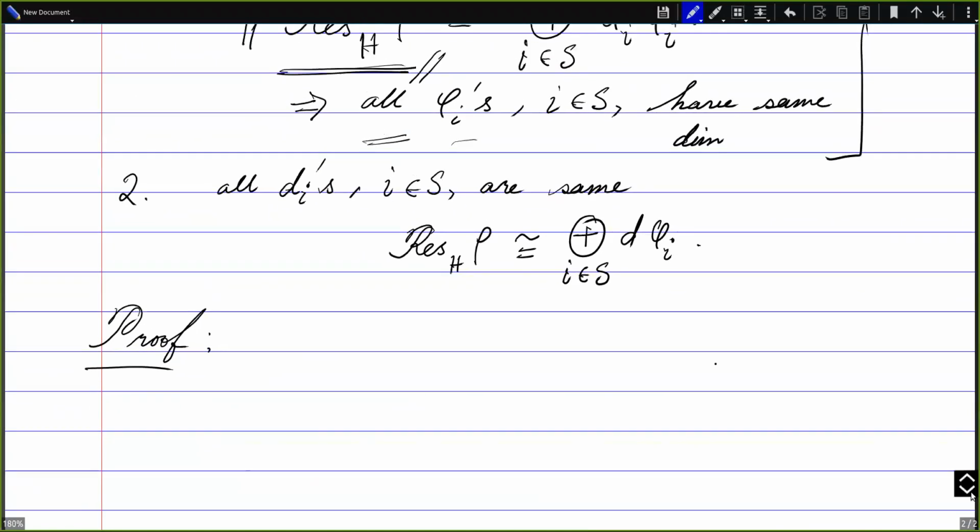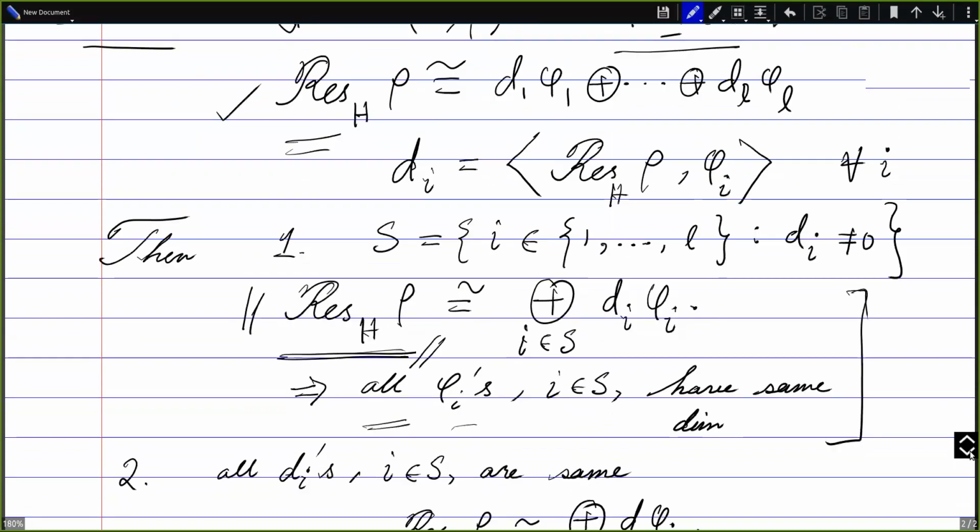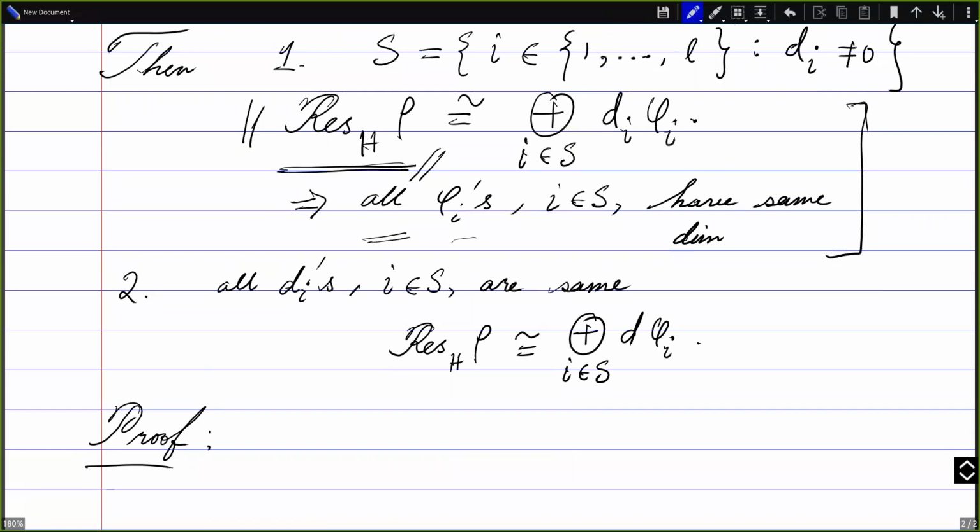So the first one says that they have the same degree. That is quite clear, because if you remember, if W is a subspace of V which is H invariant and H irreducible, and again let me remind you, H irreducible means that the subrepresentation of the restriction on W is irreducible, or in other words, it does not have any further proper and non-trivial H invariant subspace.